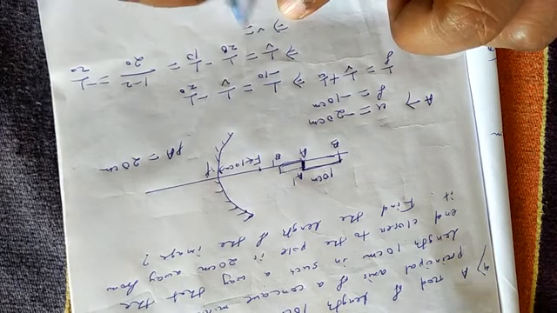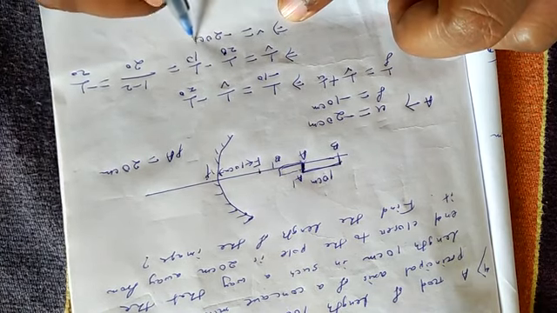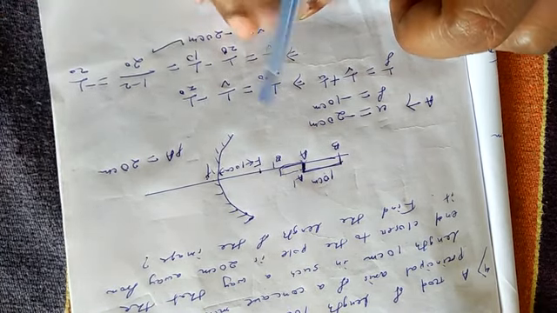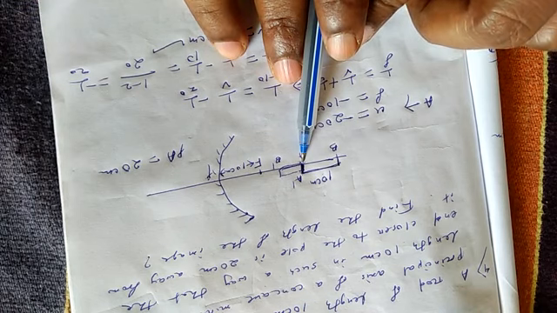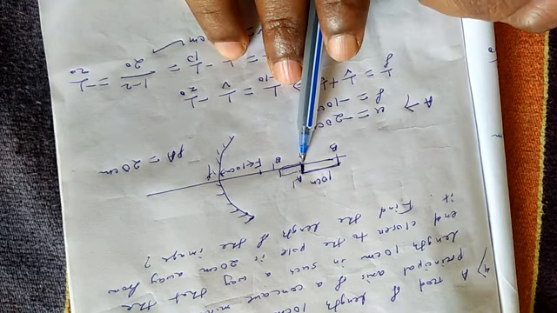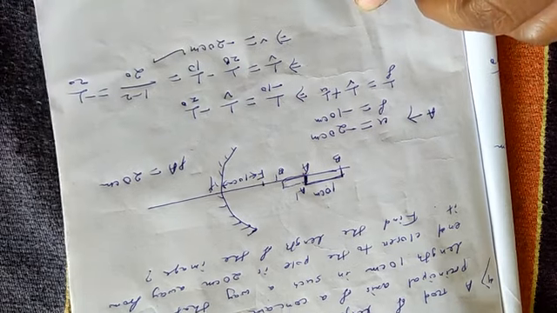So V is equal to minus 20 centimeter. Obviously, this is the center of curvature. The image will also be formed at the center of curvature.